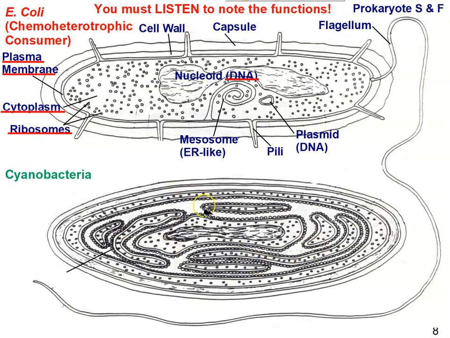Down here, we're looking at a cyanobacteria. This drawing represents a cyanobacterium. And there's only one structure that we want to identify within the cyanobacterium, because cyanobacteria, as being prokaryotic cells, have many of the similar structures that we find in the E. coli that we just labeled here. But cyanobacteria have this special ability to photosynthesize.